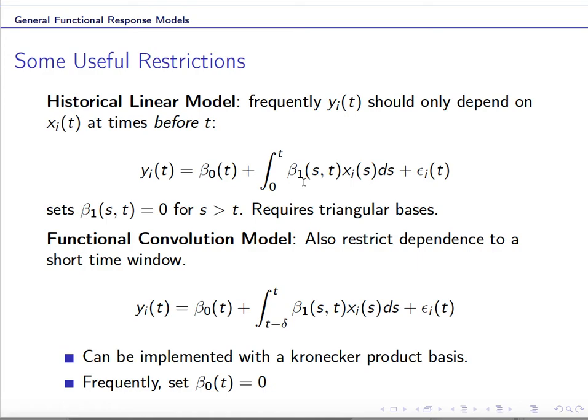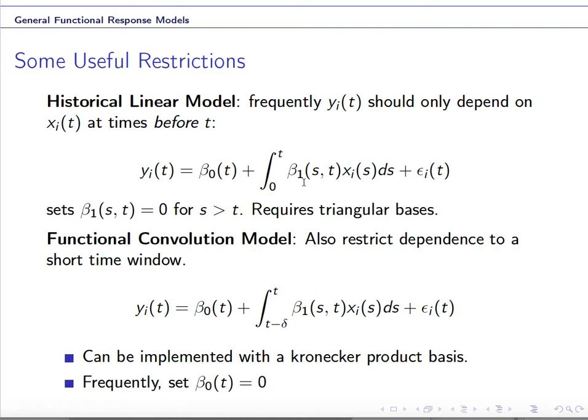So this is s equal to t, and only this part is nonzero. In the upper triangle, beta(s,t) will be strictly 0, right?